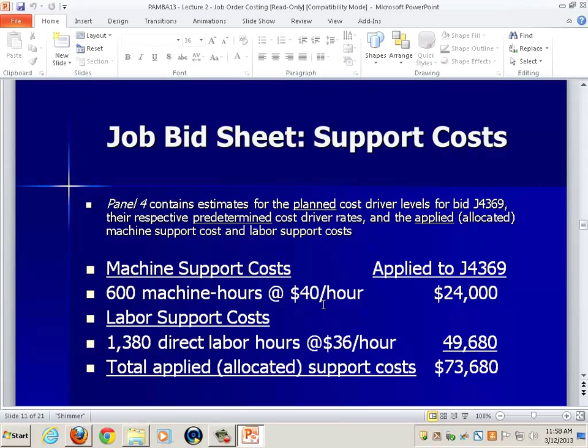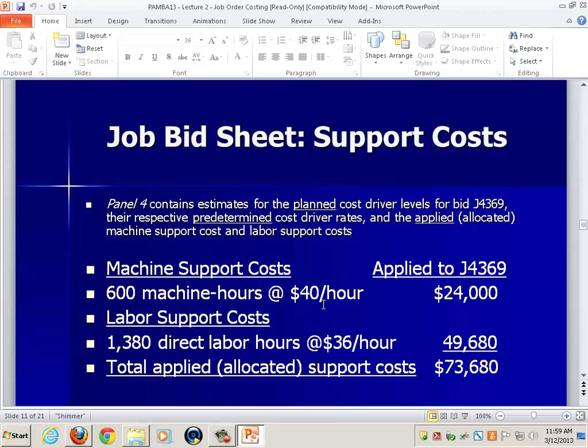And to allocate, if you're going to use 600 machine hours for this job, you allocate the cost at what we estimated as $40 per machine hour, and you get an allocation of $24,000 of machine cost to this particular job. So that's the machine support cost or the machine indirect costs.